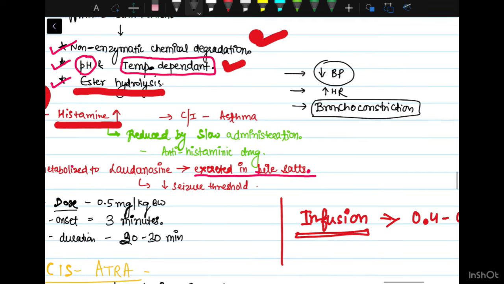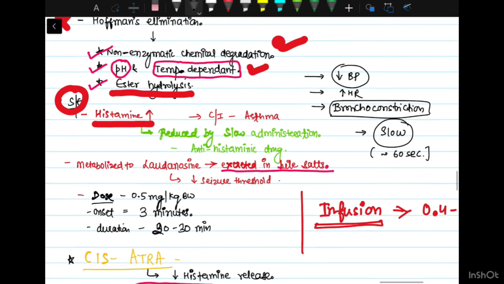How do you avoid such a massive release of histamine after giving atracurium? You have to give it slowly. If you give atracurium, give it over 60 seconds, and that slow administration will decrease these side effects.